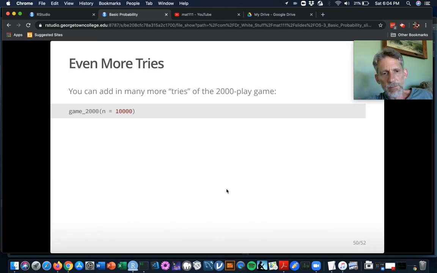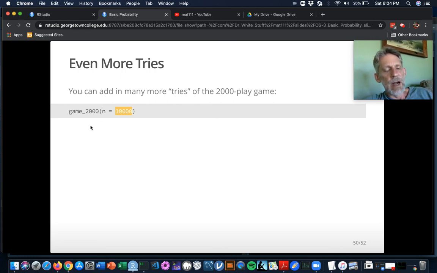But there's more. When we've been playing the game, we've been trying it the 2,000 times once every time we ran the function. We can get that function to do more work for us. We can get it to play 2,000 times and get the net results as many times as we like by varying the n. So instead of n equals 1, what if it did n is 2,000?